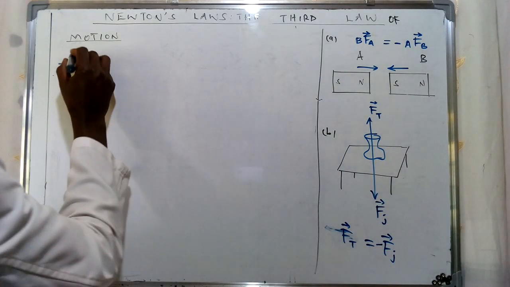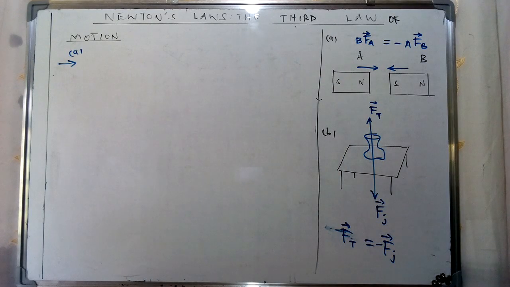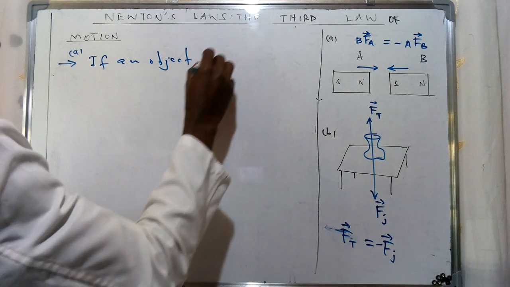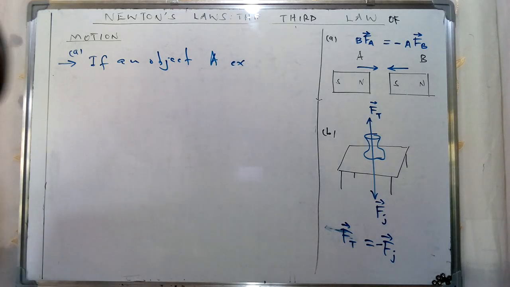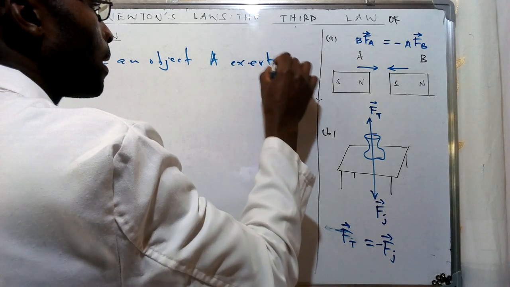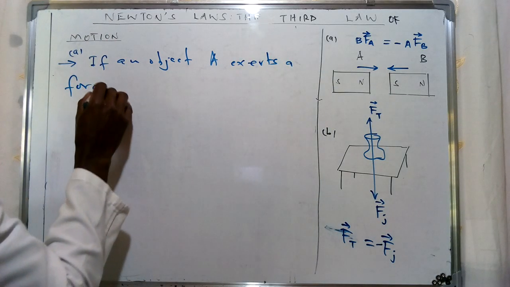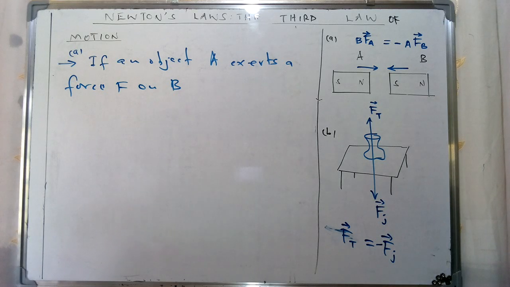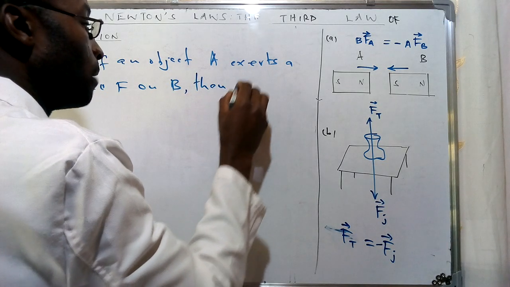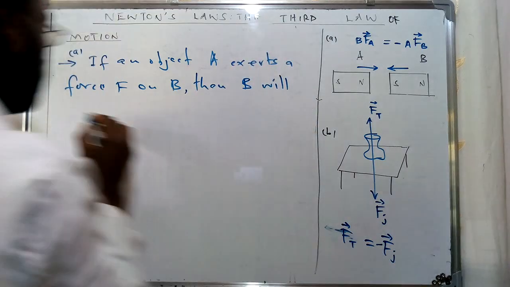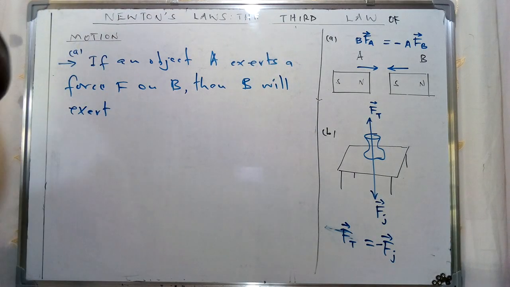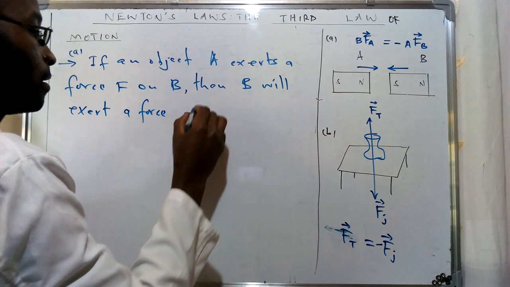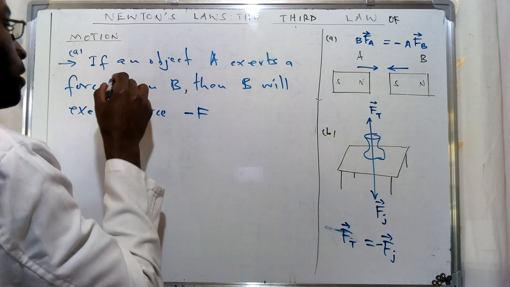So for the first case, for A, we're going to have a statement: if an object A exerts a force F on B, then B will exert a force negative F. So kindly take note of this specific representation.